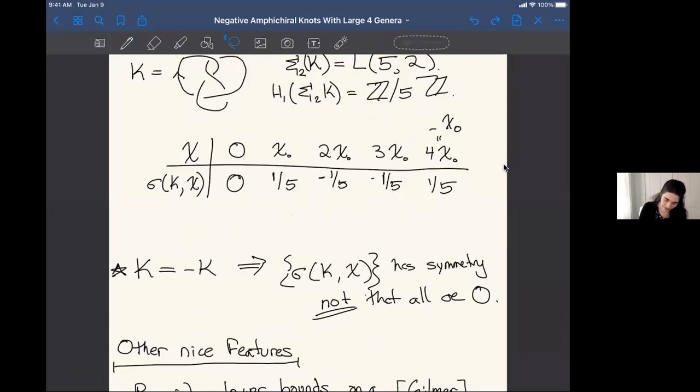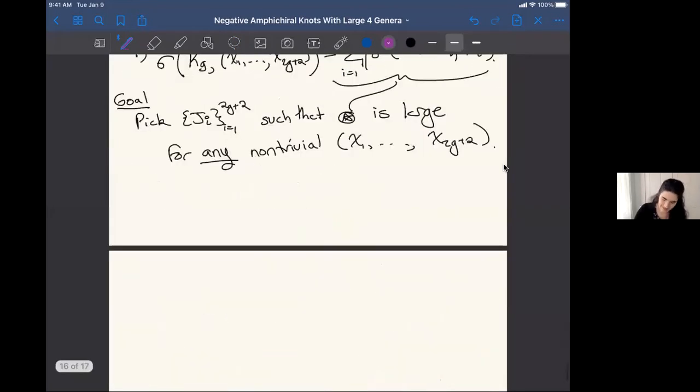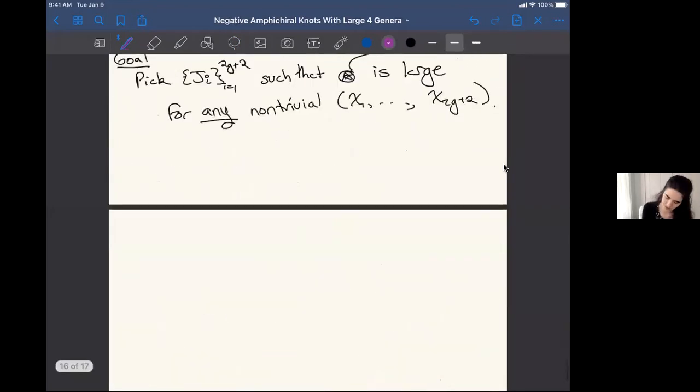What we really want to do for these satellite knots is improve this to 0, some big constant c, that's going to have to be there and there. And then because of the negative amphichirality, we do have to get negative c's there, more or less. And again, this is where I'm slightly lying about Casson-Gordon signatures.